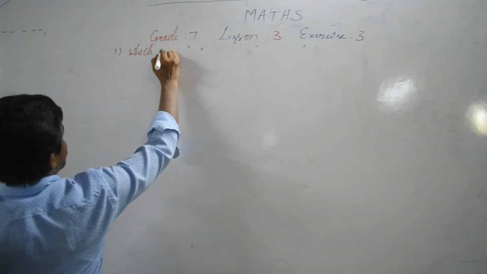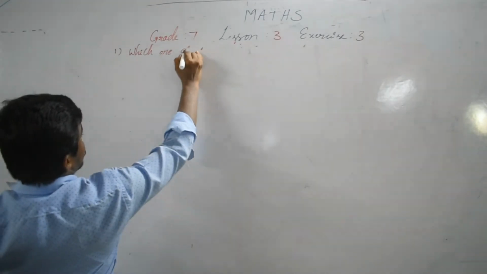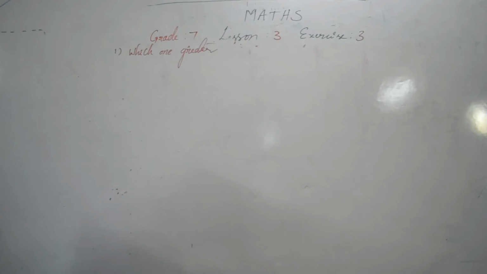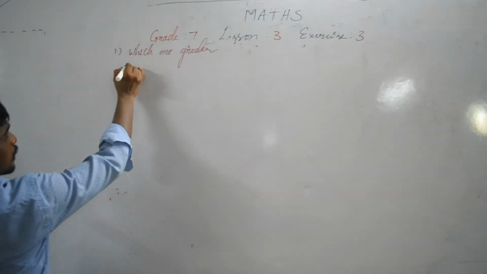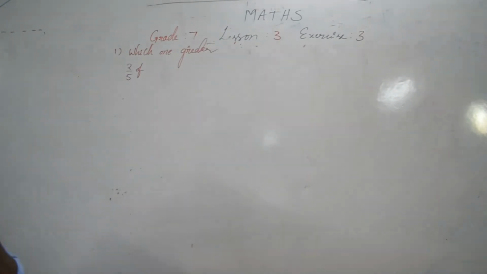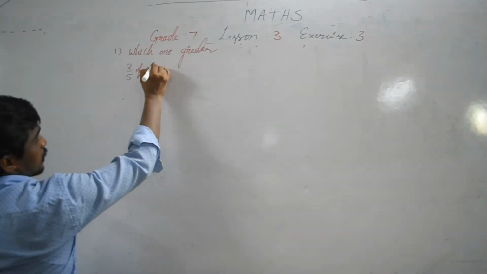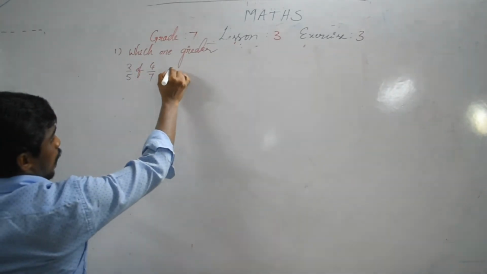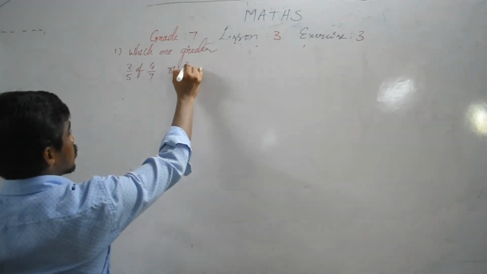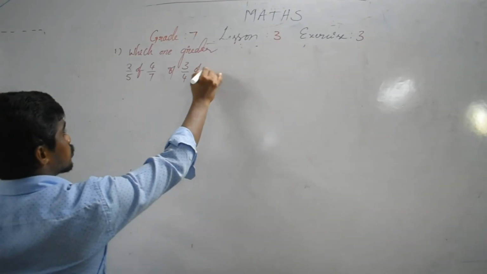Which one is greater: 2 by 5 of 4 by 7, or 3 by 4 of 1 by 2.